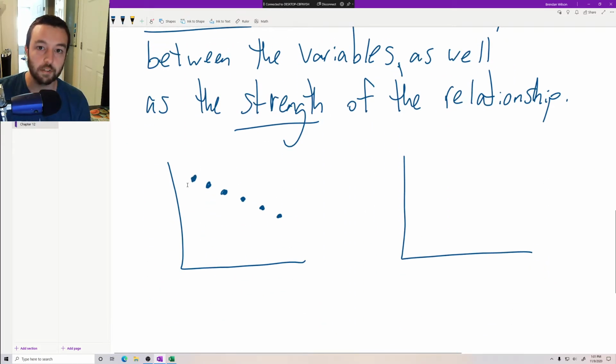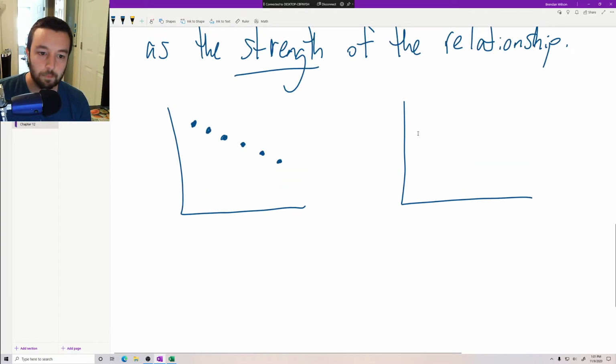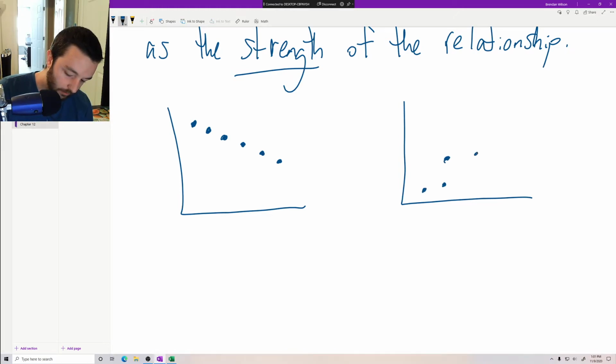So that's what we mean by direction, whether it's heading upwards or heading downwards. The strength of the relationship is how close to linear it is. Is it something like this, but then there's also this and this and this.